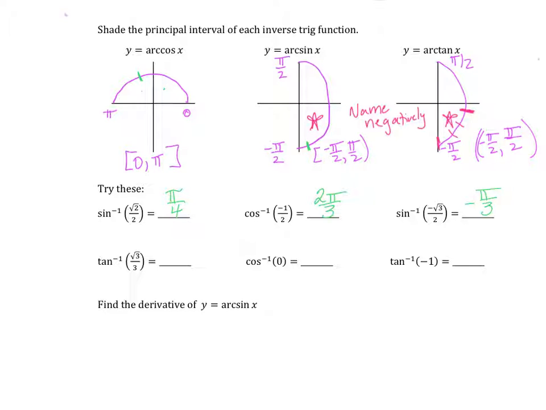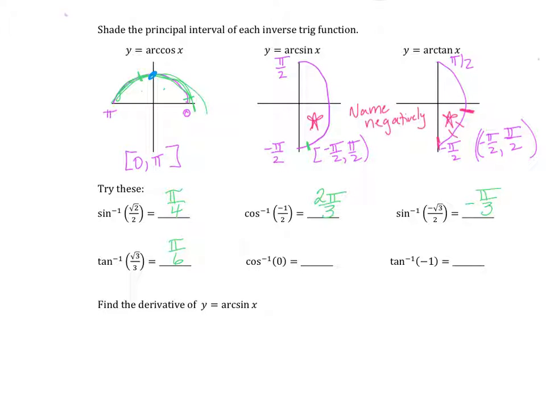What arc has a tangent of square root 3 over 3? Or I could say 1 over square root 3, meaning the same thing. That's the pi over 6. What arc has a cosine of 0? Remember, I'm only looking in here. Which one of those has a cosine of 0? Do I not go anywhere in the x direction?